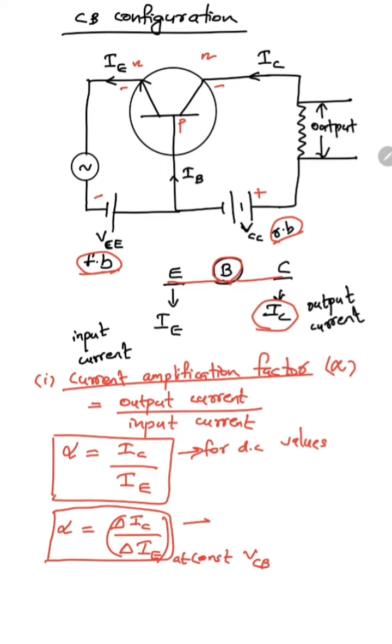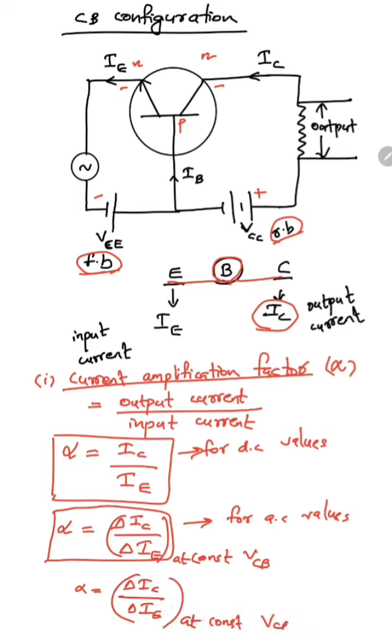So this equation is for AC values. If we are considering AC values of current, we have to use this equation. So the equation of alpha is delta IC by delta IE at constant VCB.